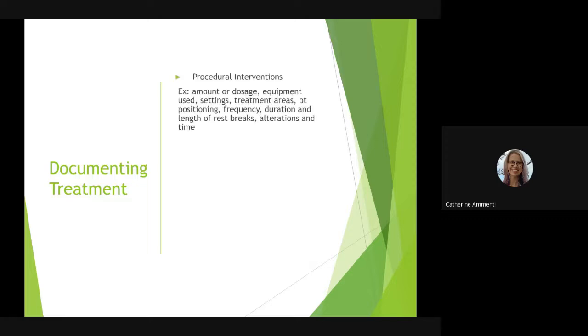When documenting treatment, make sure you document the amount or dosage, the equipment used, if any, the setting, the treatment areas, the patient positioning, the frequency, the duration, and the length of rest breaks, especially if they're taking rest breaks because they have really poor activity tolerance.